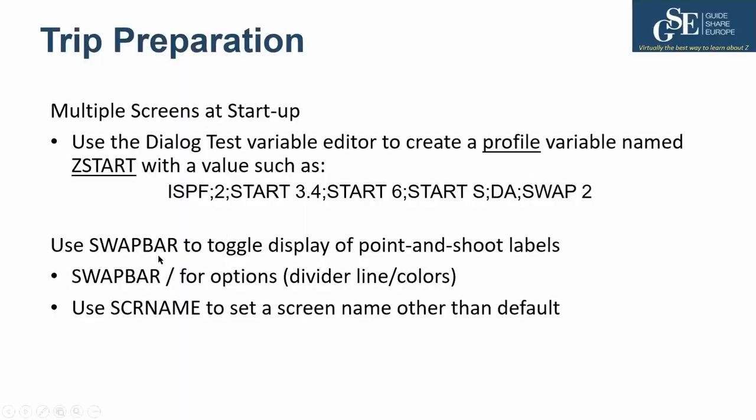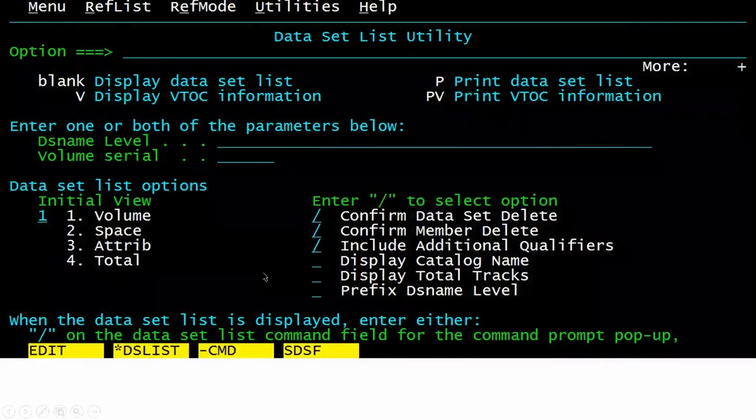You can use the swap bar command to bring up a list of those on the bottom as point and shoots. And that example, then, starting up with that, this is how I first come up. And you can just point and shoot to go to the other ones that are available.